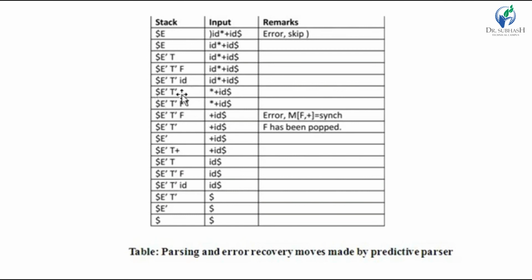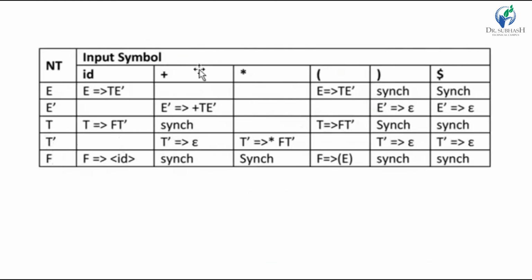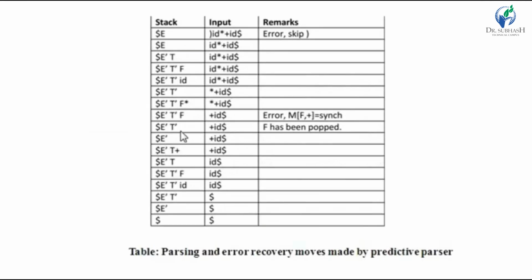Next, T dash with star plus ID dollar: T dash gives star F T dash, so star matches. Now your stack will be dollar E dash T dash F and your input is plus ID dollar. So for F with plus, you find a synchronize token.